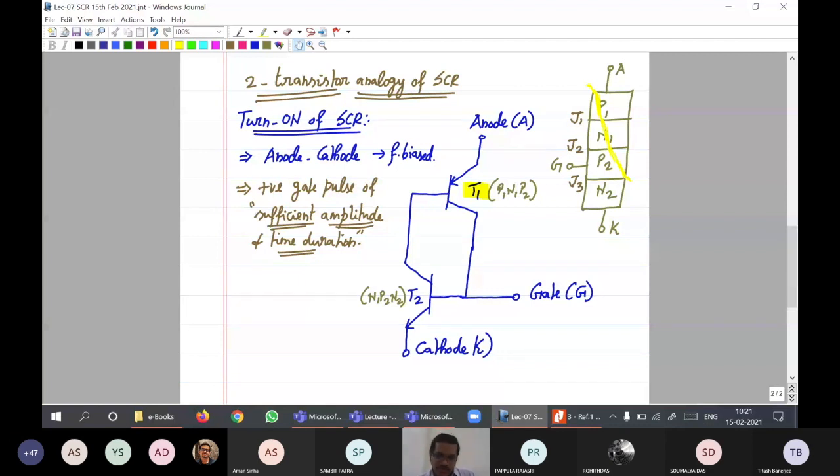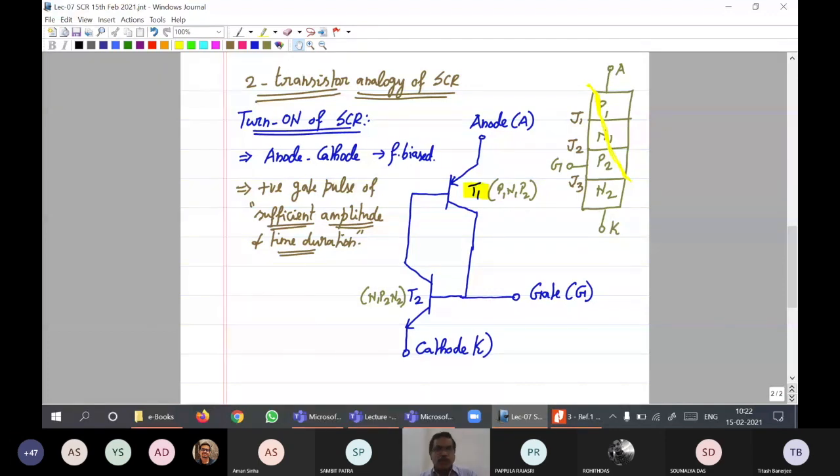That reasonable amplitude is what is termed sufficient amplitude, because if you don't give enough amplitude, there won't be enough charge carriers. Now, time duration: if you don't apply that positive pulse for a reasonably long duration, recombination will happen, the injected charge carriers will recombine and conduction will not start. So the SCR is still not going to conduct. That is why we say sufficient amplitude and time duration.